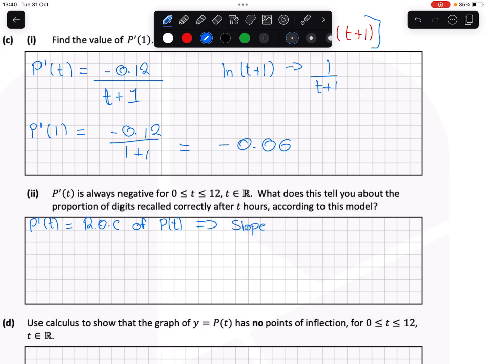What happens when the slope is always negative? Well, then the proportion of digits recalled correctly after t hours is always going to be decreasing. I.e., the further we move along between 0 and 12, the fewer digits you're going to remember.